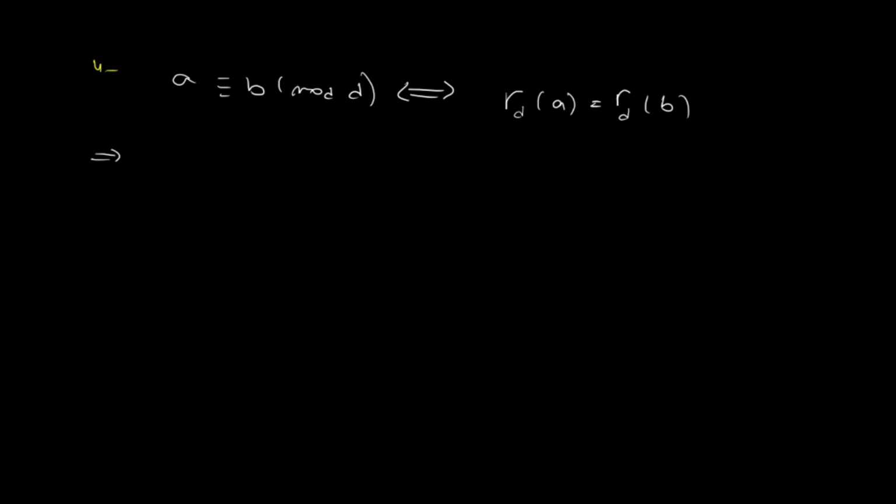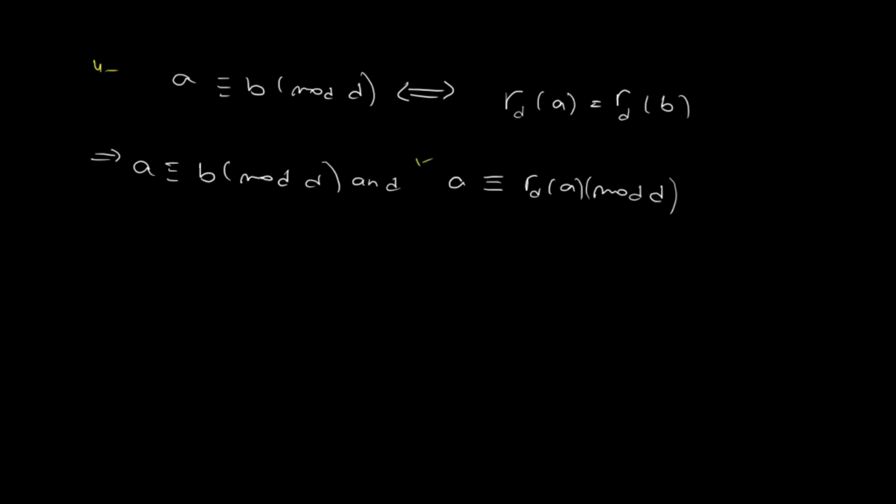So this will be our hypothesis: A is congruent to B modulo D. And we know that A is congruent to the remainder of A modulo D. This we know because of the first property.